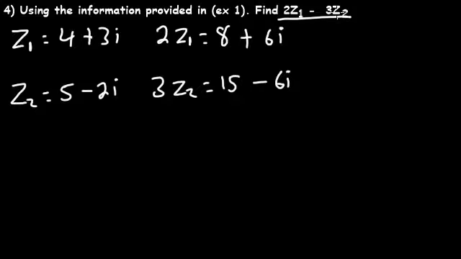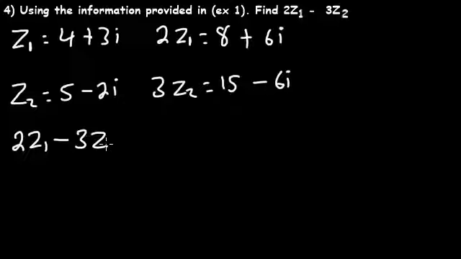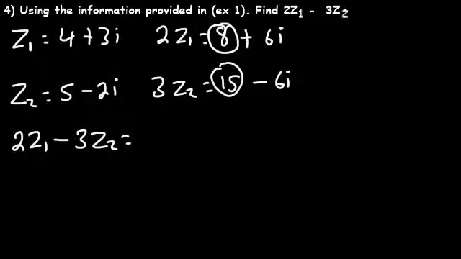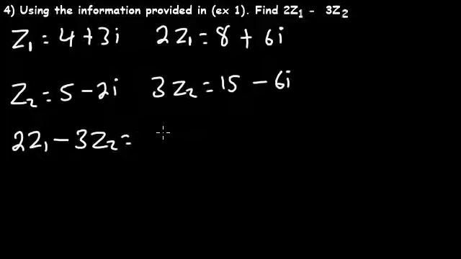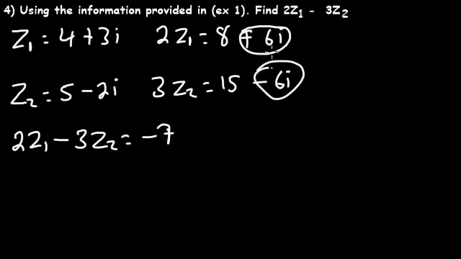Now the goal is to subtract. We want to subtract the two values. As we have been doing so far, we are still going to subtract separately. So 2z1 minus 3z2 becomes 8 minus 15, which gives us negative 7. And positive 6i minus negative 6i, what would that be?